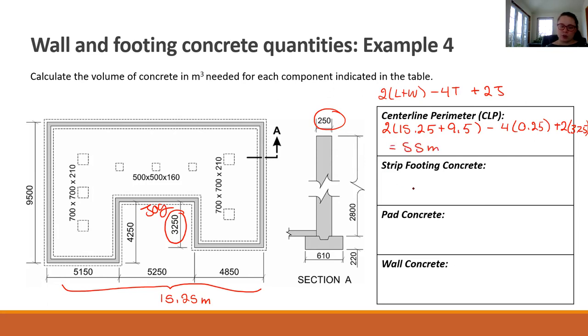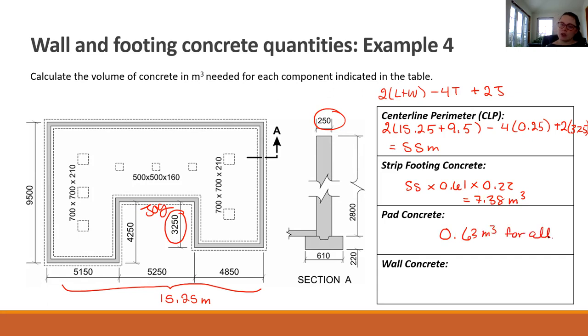In terms of your strip footing, 55 times 0.61 times 0.22 is going to leave us with 7.38 meters cubed. Pad concrete, I'll just give you the final answer, 0.63 meters cubed for all.